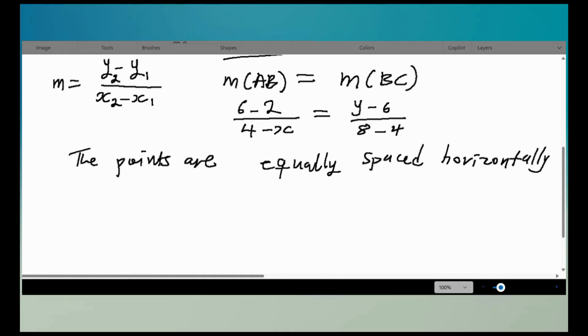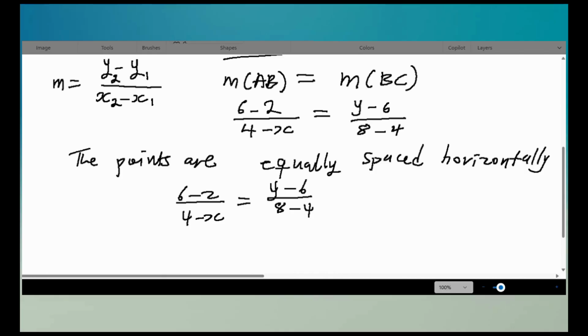Okay, because the question says the points are collinear, then the points are equally spaced horizontally. And from 6 minus 2 all over 4 minus x equal to y minus 6 all over 8 minus 4.